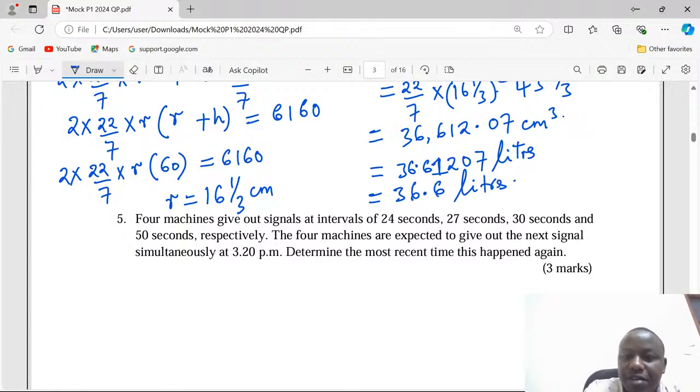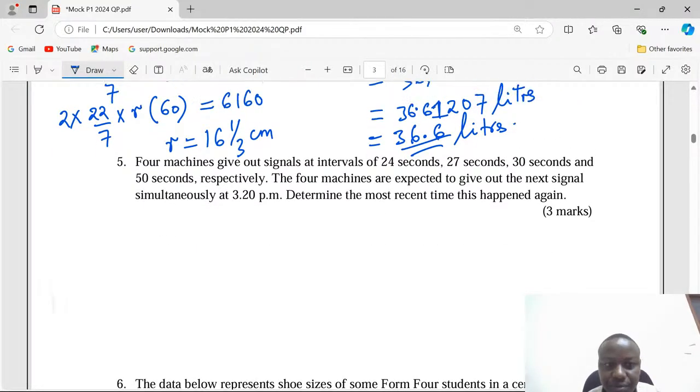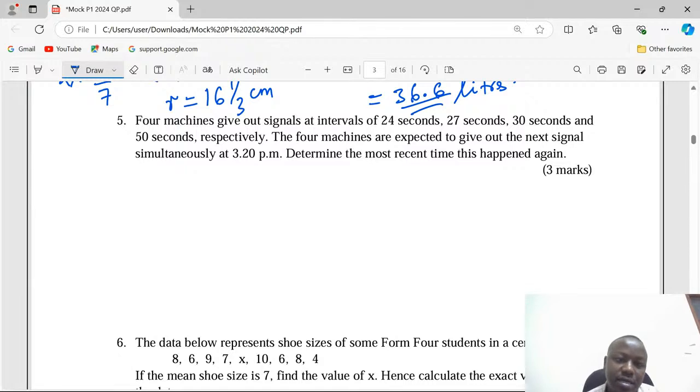Sorry for that inconvenience. 36.6 liters. So that is it.